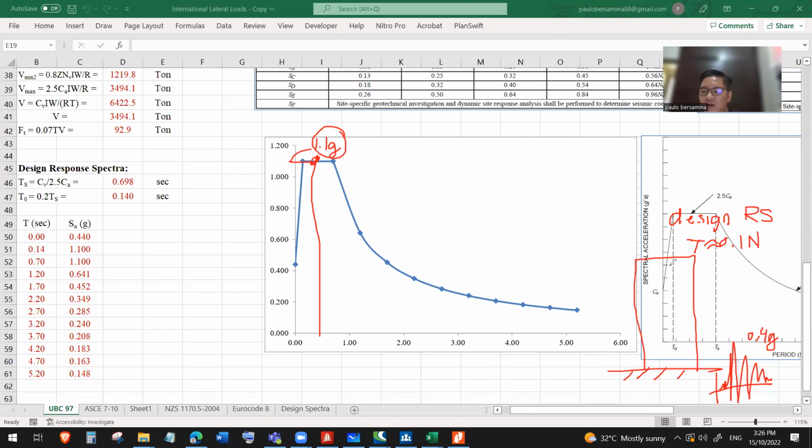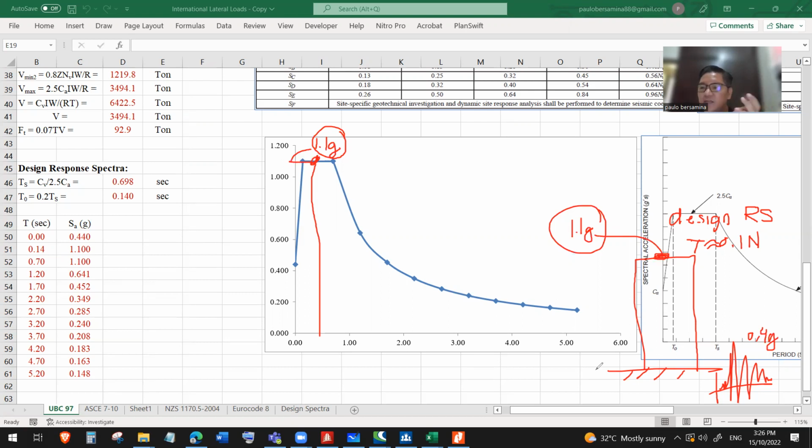Kumbaga kung may sensor tayo sa roof, it can measure 1.1 G. So ganun kataas, because it's a relatively low period structure.